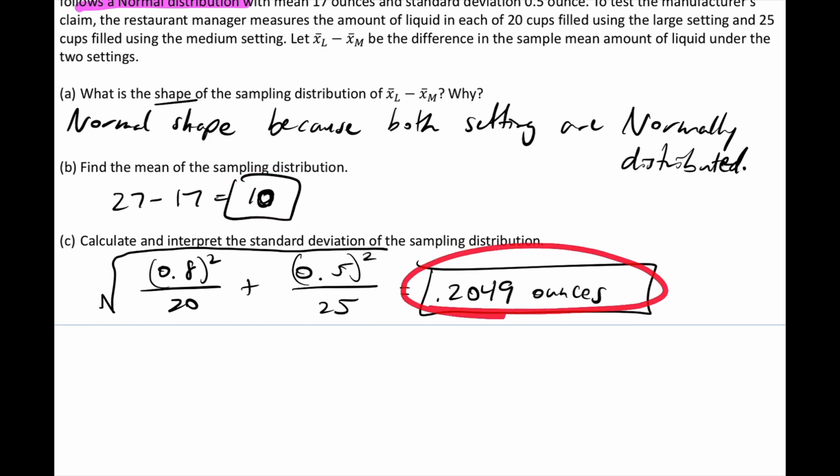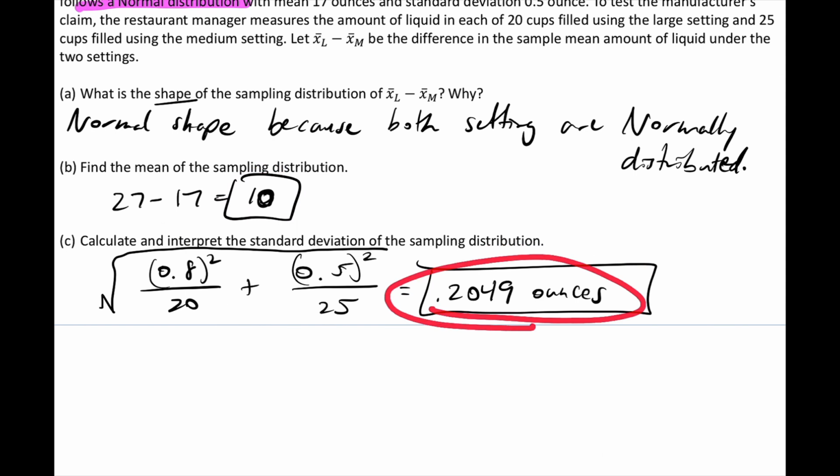So you want to say that the true mean difference of one setting versus the other is 10, and the average difference is 10.